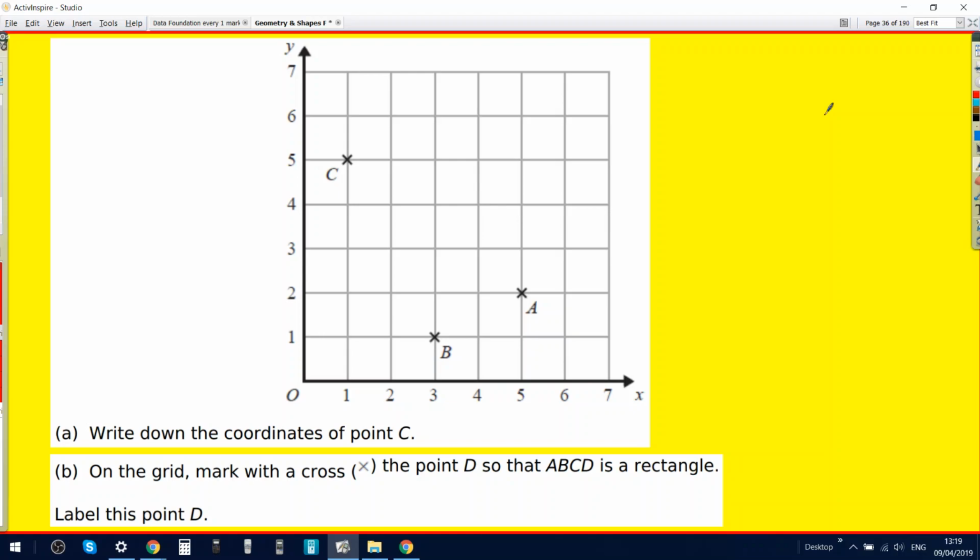Okay, how about this? Write down the coordinates of point C. So it'd be 1, 5. Yep. And B? On the grid mark with a cross X the point D. So that ABC, and so that would be a bit of a rectangle.